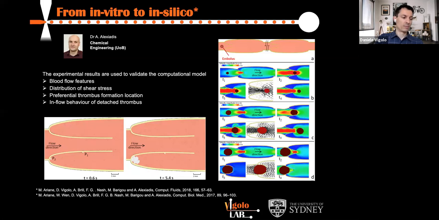There is clearly a lot of potential in this application. We are still working on developing more advanced models and approaches to even better understand DVT in particular.